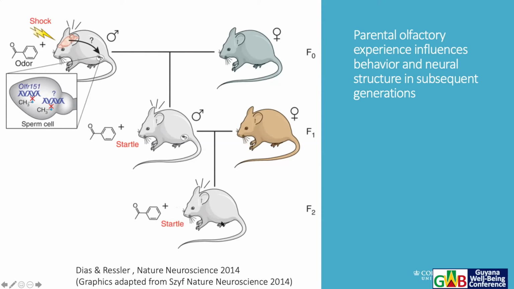So they also did the same experiment with in vitro fertilization. They didn't have the rat's mate, but they just got the sperm, did in vitro fertilization, and then implanted the embryo into the female. And that really broke any type of communication between the male rats and all the other rats.